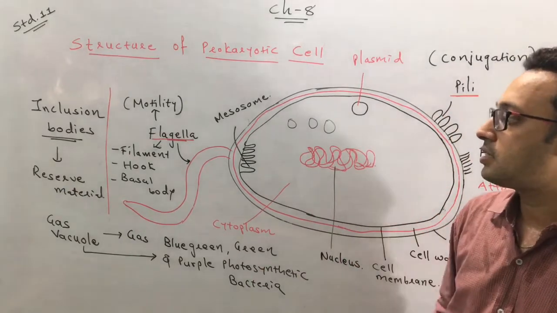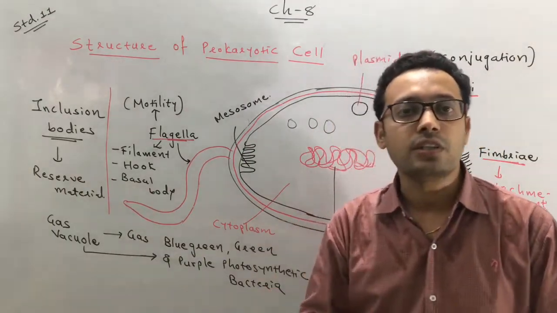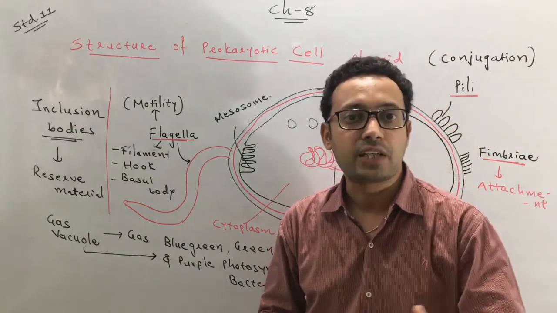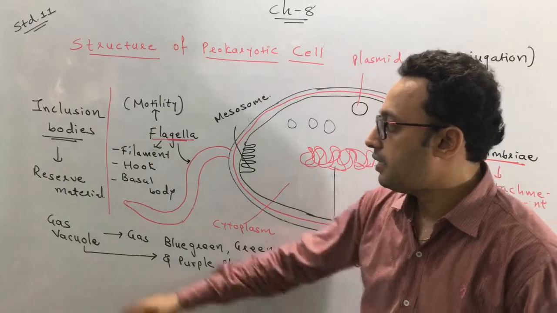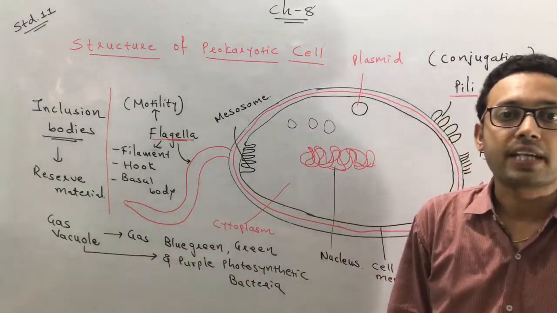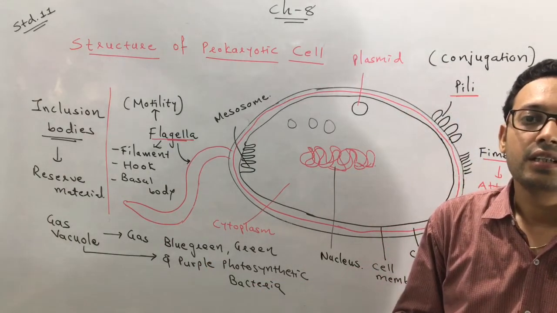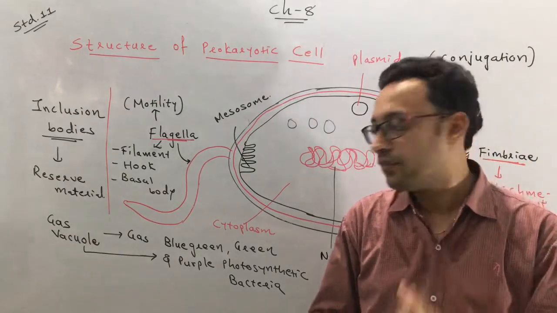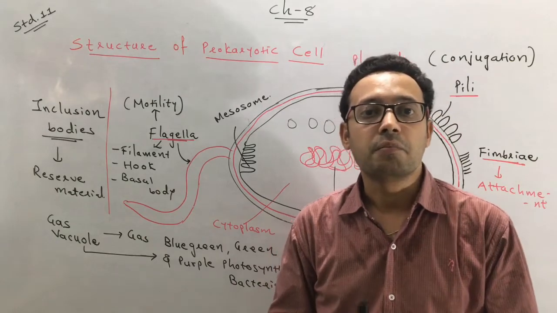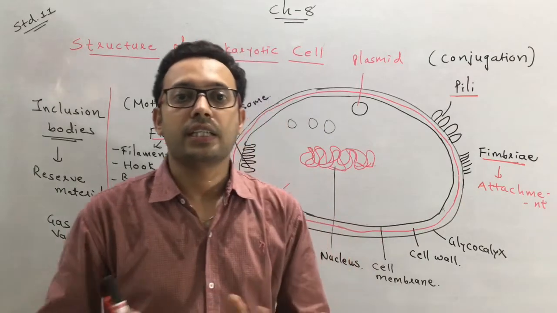They store reserve food material, and based on it they are named, for example phosphate granule, glycogen granule, etc. Similarly, a few bacteria possess gas vacuole which stores gas, found in blue-green, green and purple photosynthetic bacteria. So this is about inclusion bodies, and here we finish with the prokaryotic cell.